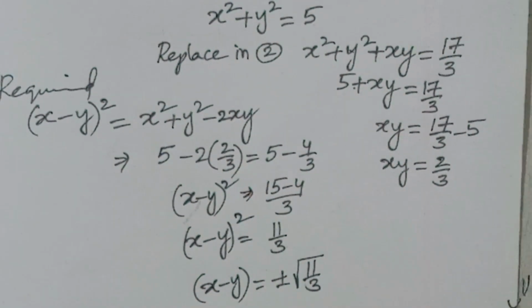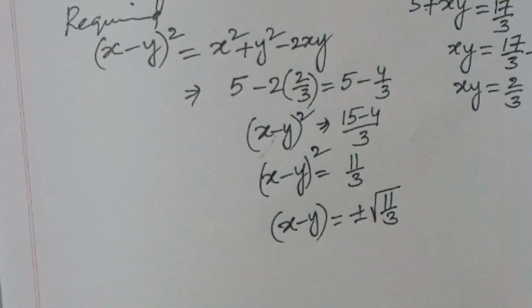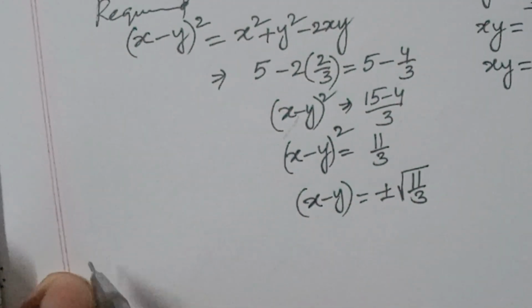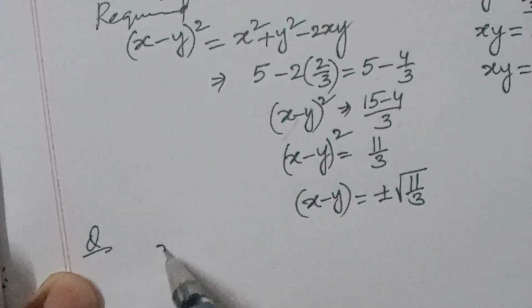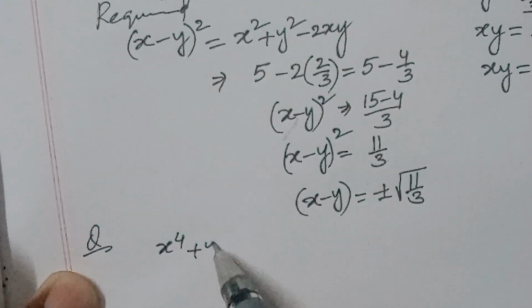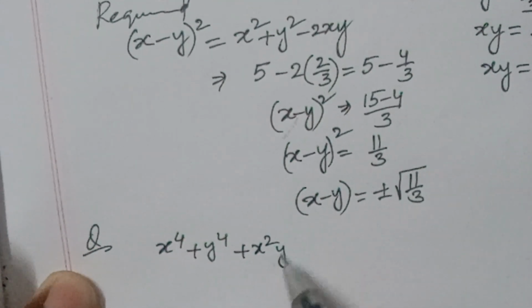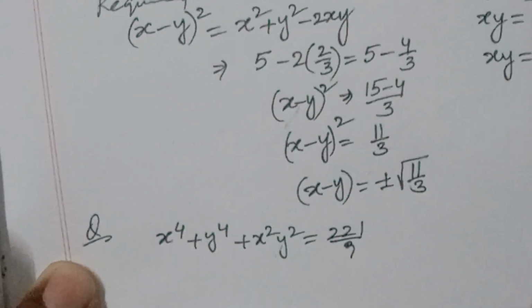So the second method. The given x to the power 4 plus y to the power 4 plus x square y square is 221 by 9.